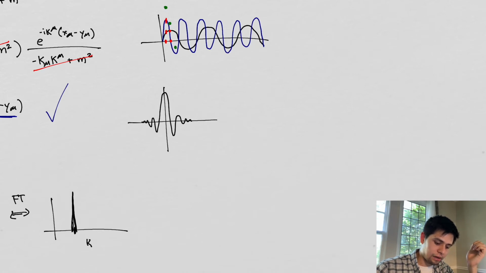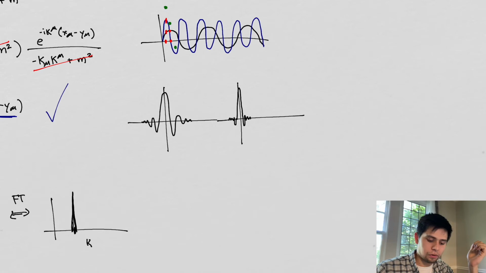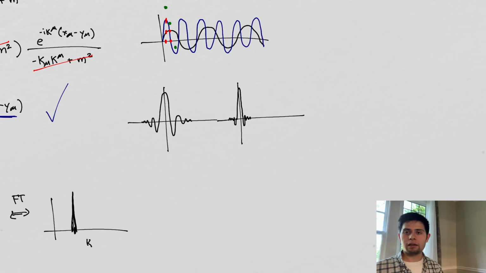And then if you add more and more, you can get a localized peak that maybe looks like this. You can keep adding higher frequency waves and phase shift them around to get a peak anywhere you want, and you can get multiple peaks anywhere you want also.